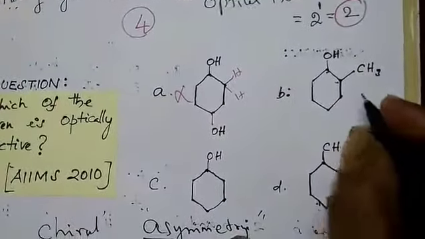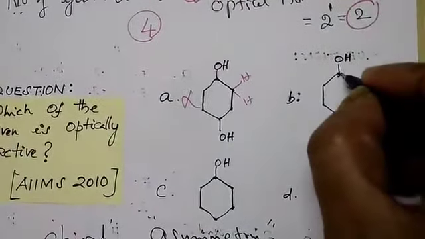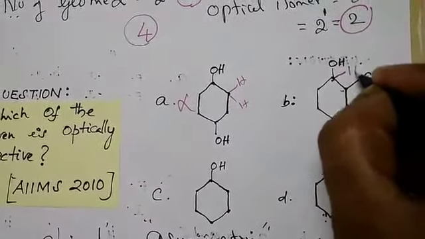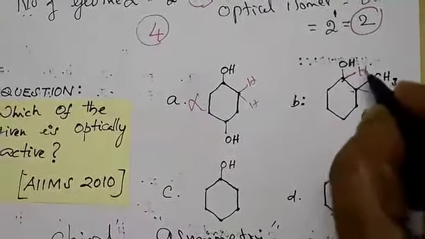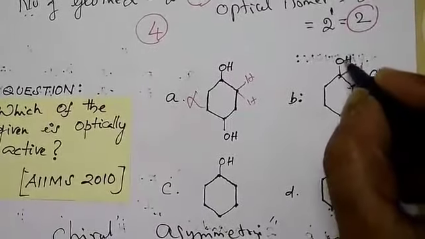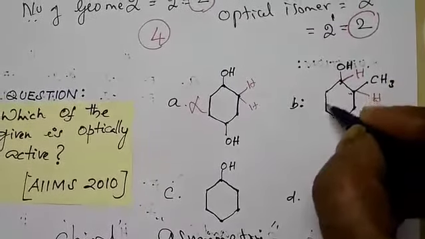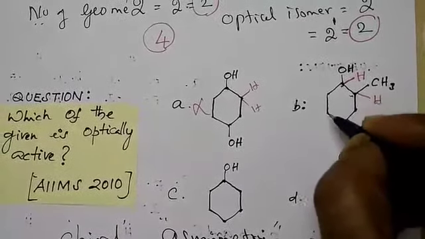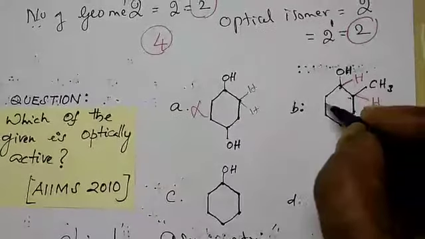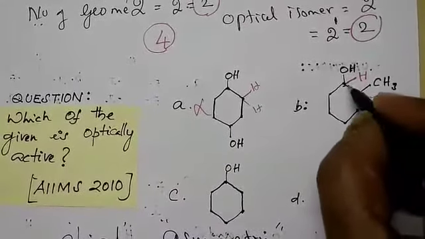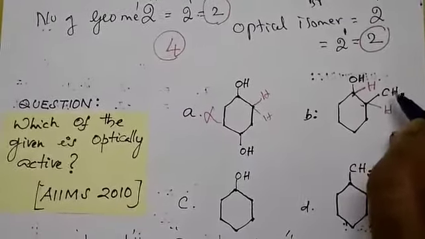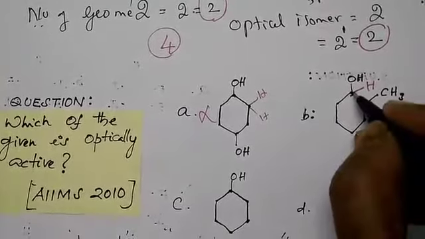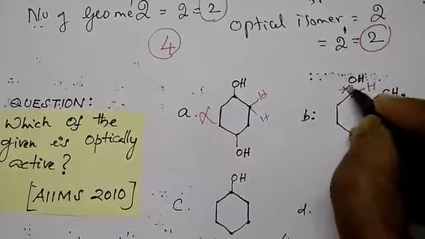Now coming to this one. Here there is OH, and here hydrogen. This diagram represents a carbon ring with 1, 2, 3, 4, all CH2, CH2. On this side, the carbon is attached to a methyl group, so this carbon is asymmetric.